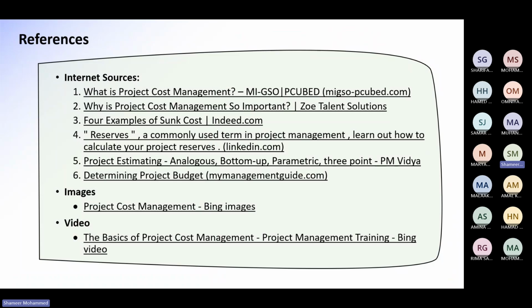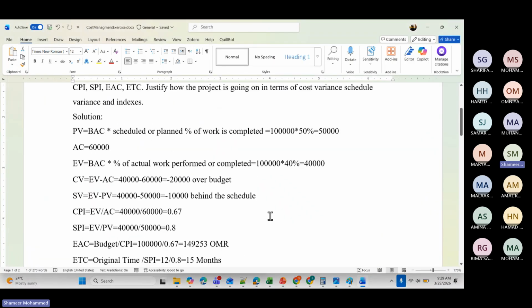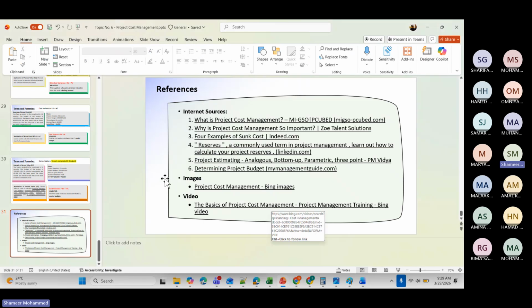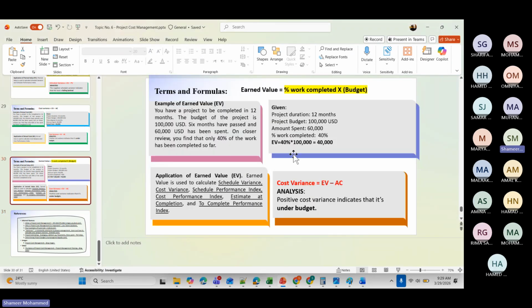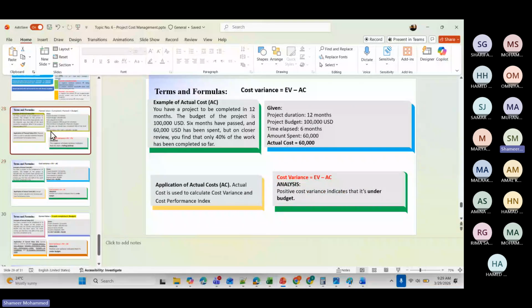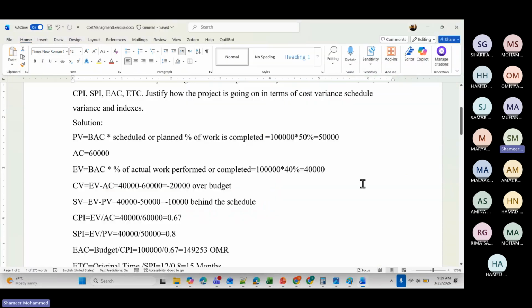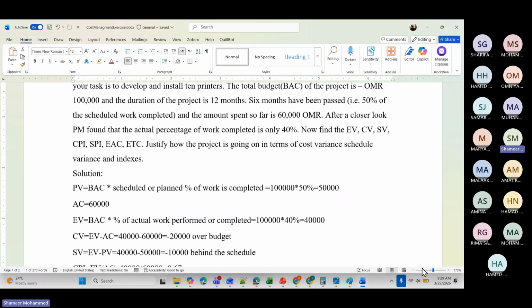This problem I gave you is the overall complete one. They give small problems here, just to find out the cost variance, the actual cost, or the schedule variance. So like this, you can practice more.